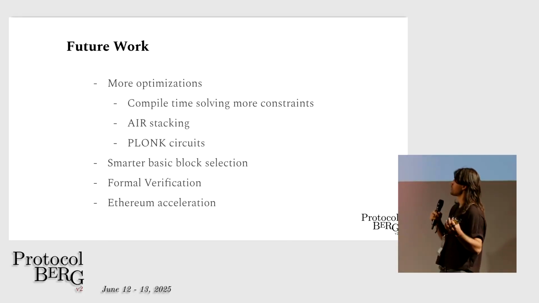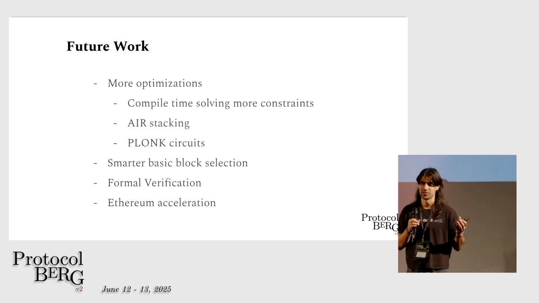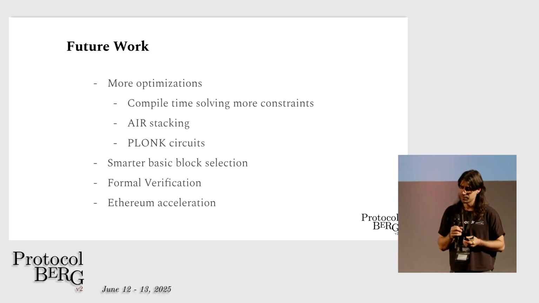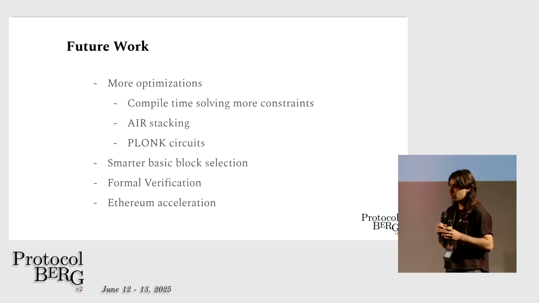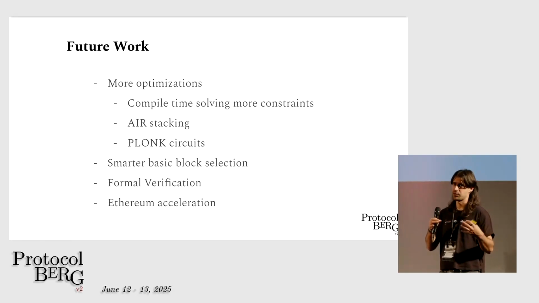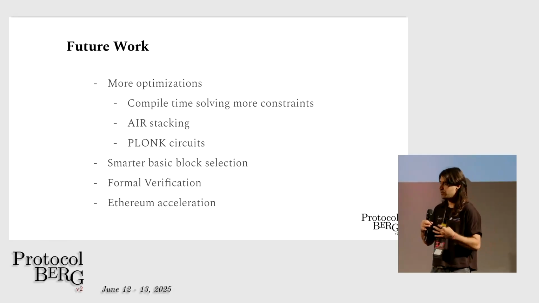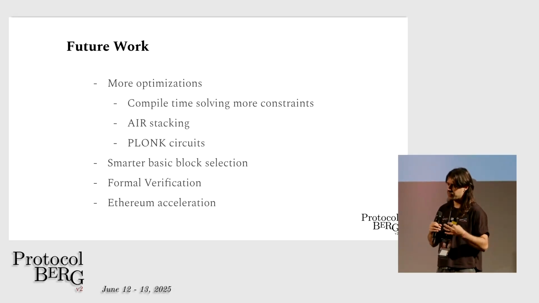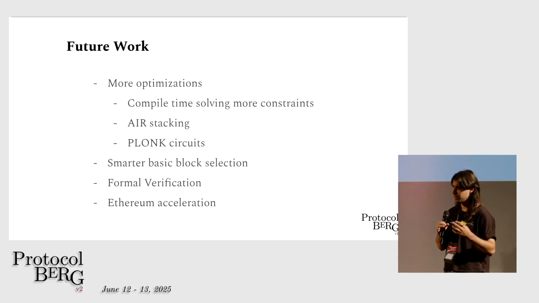Yeah, so this is what we've done so far, and there's more to do. There's always more optimizations you can make. There are more constraints you can solve, and there are two things we're looking into called array stacking and Plonk circuits, which solve one problem that comes up later. When you turn these circuits into proofs, in the first layer you get one proof for each segment, and for these it doesn't matter too much whether you trade columns for rows and different things in the circuit.